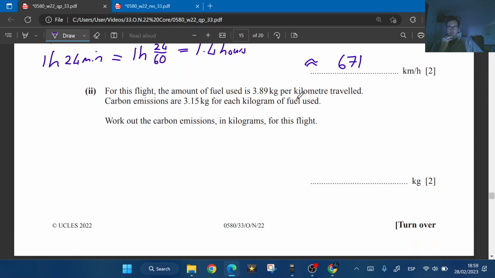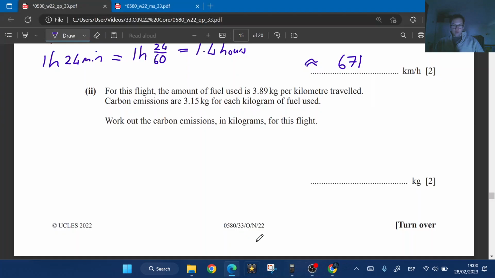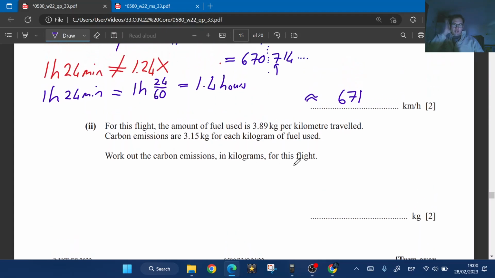Right, the amount of fuel used is 3.89 kilograms of fuel per kilometer. That sounds like a lot. Carbon emissions is 3.15 kilograms for each kilogram of fuel used. Work out the carbon emissions in kilograms for this flight. Oh, wait. Let's first work out how many kilograms of fuel.